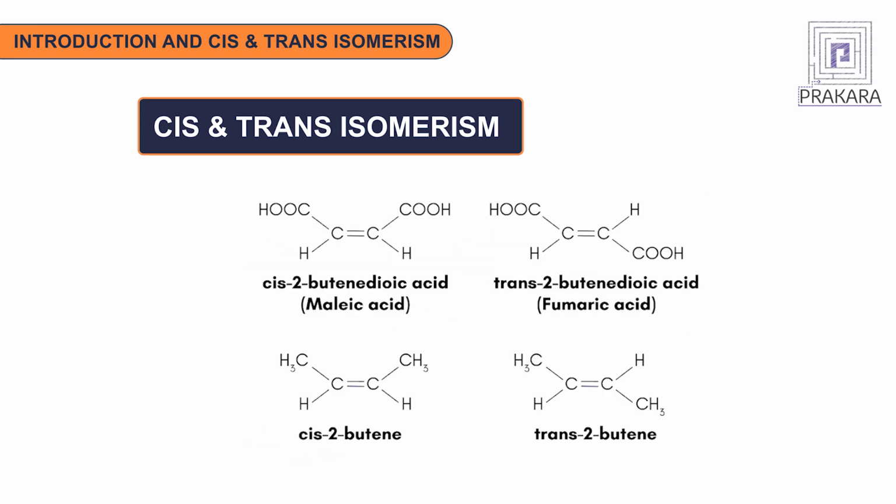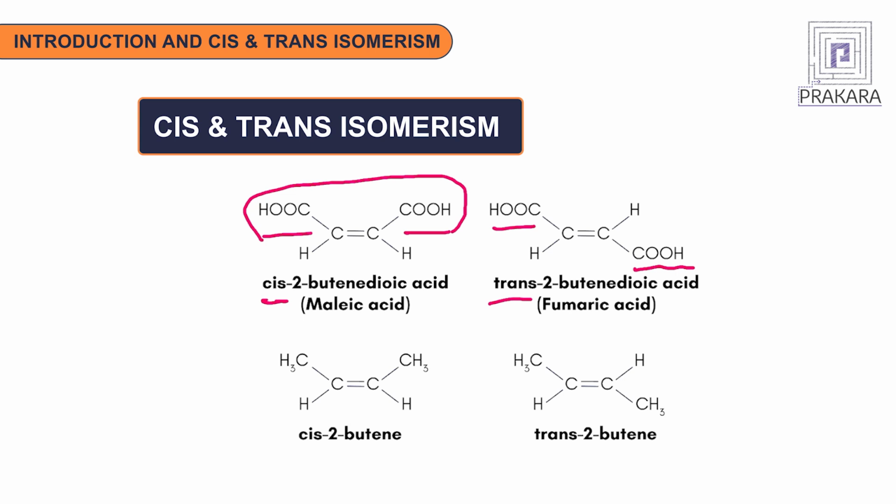In these cis and trans forms, when the groups are arranged on the same side of the double bond, as in cis 2-butenedioic acid, where the two carboxylic acids are arranged on the same side, we call it the cis form. When the carboxylic acids are arranged on the opposite sides, we call it the trans form.